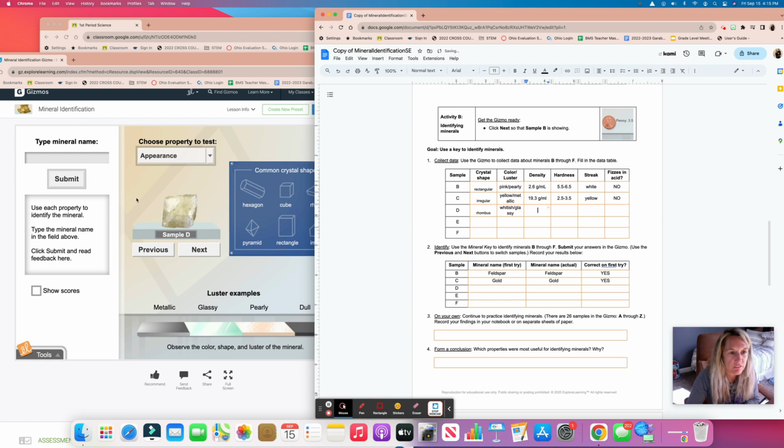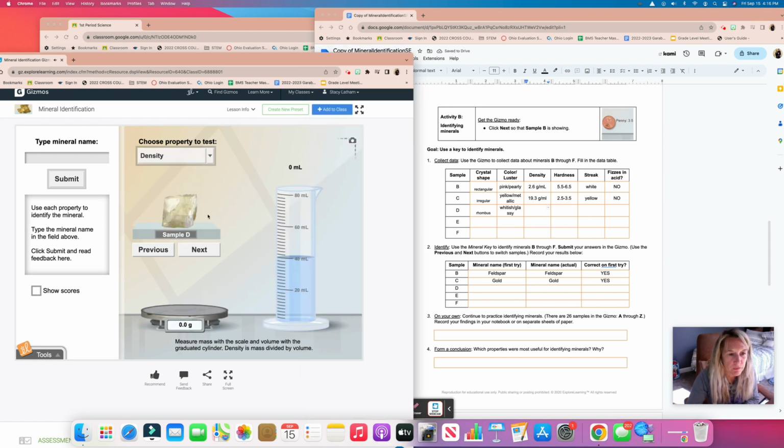All right, density, my favorite one. First, balance scale. So the mass, 67.5. Mass divided by volume, let's find the volume. Divided by 25, 2.7.